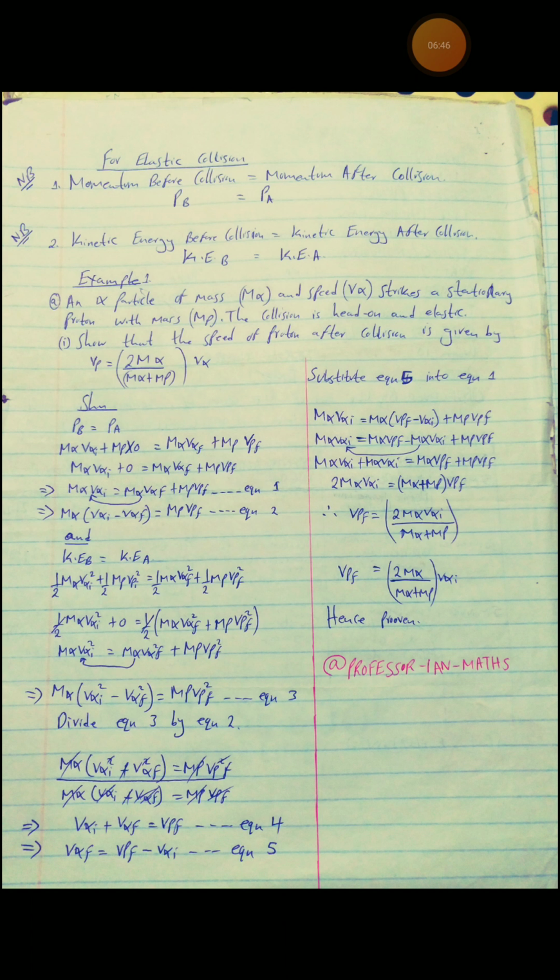Now, making vp final the subject of the formula, we get 2 m alpha v alpha initial over (m alpha plus mp). And we have the final velocity of the proton is equal to 2 m alpha over (m alpha plus mp) multiplied by v alpha initial.